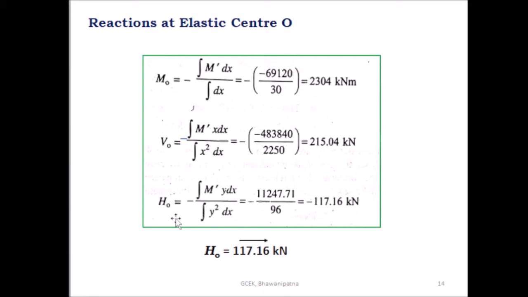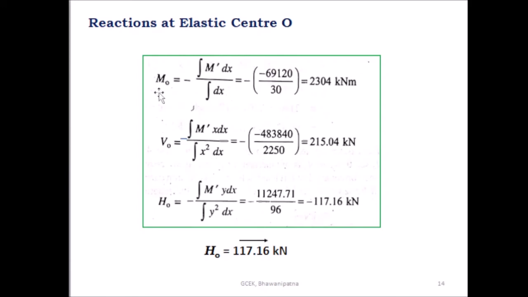Then find out the horizontal reaction at the elastic center O. This is equal to minus integration of m dash y dx divided by integration of y square dx. After putting in the values, this is equal to minus 117.16 kilonewton.